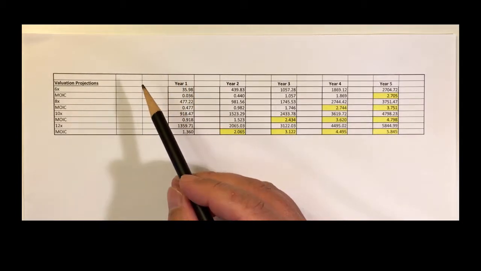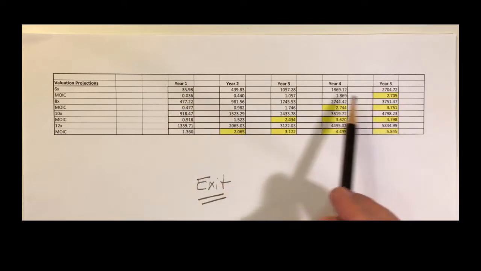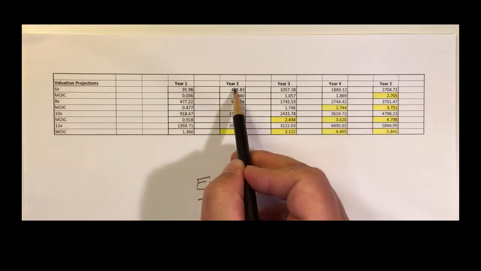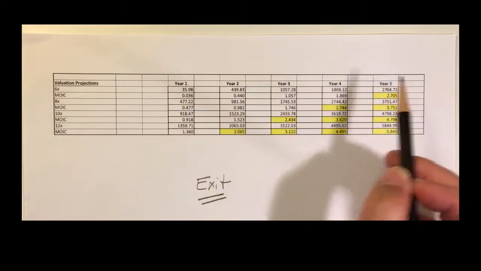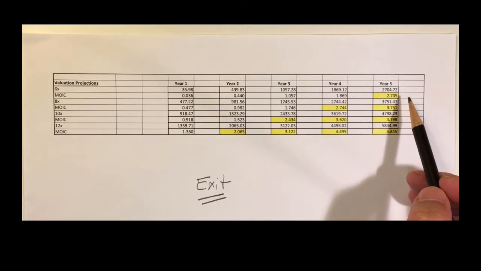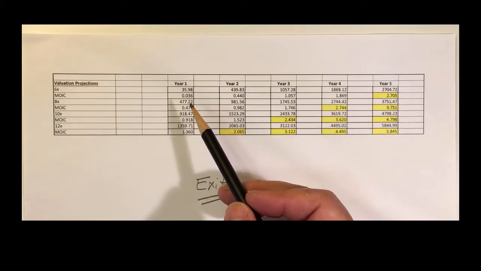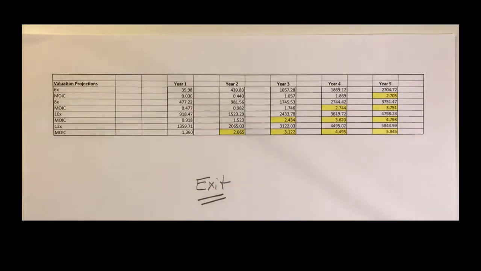What I have here is a matrix that shows, for each given year, each of these columns is a year, the expected exit value for a Volt process design company. Now, what do I mean by that? Well, just like we purchased the business for an entry multiple of 10.7 times, you'll remember that, right?